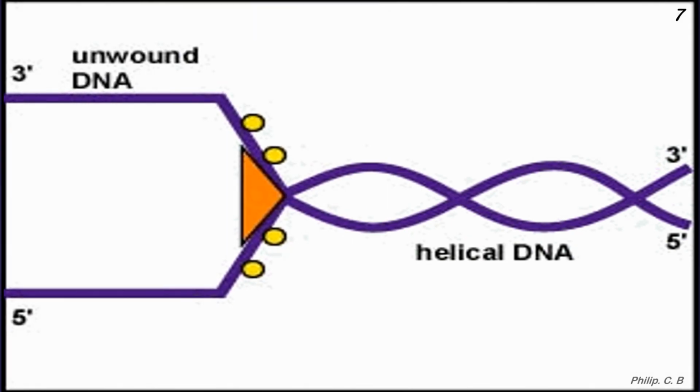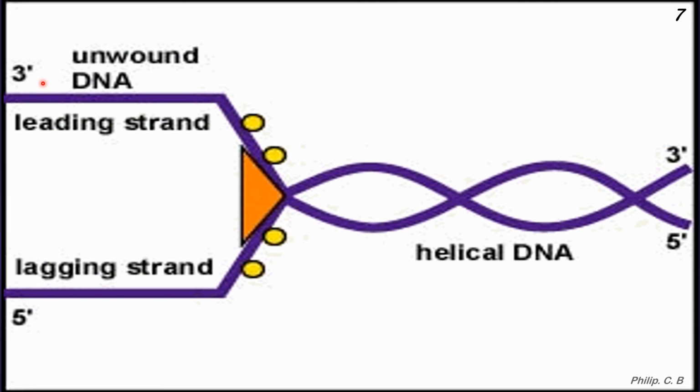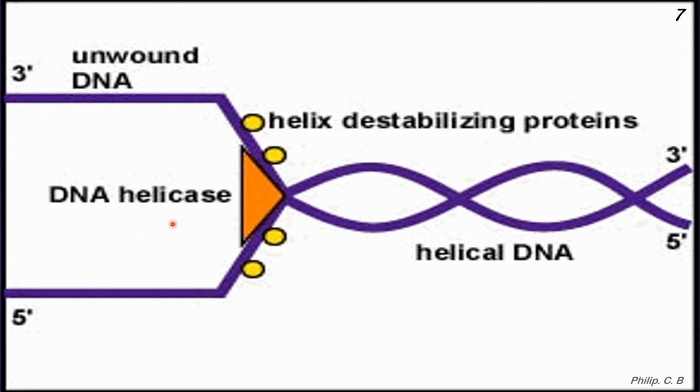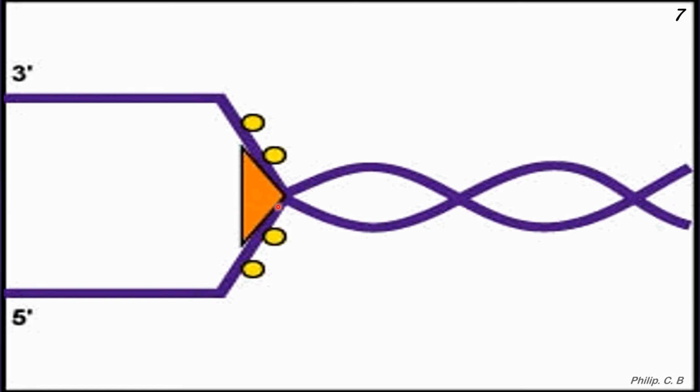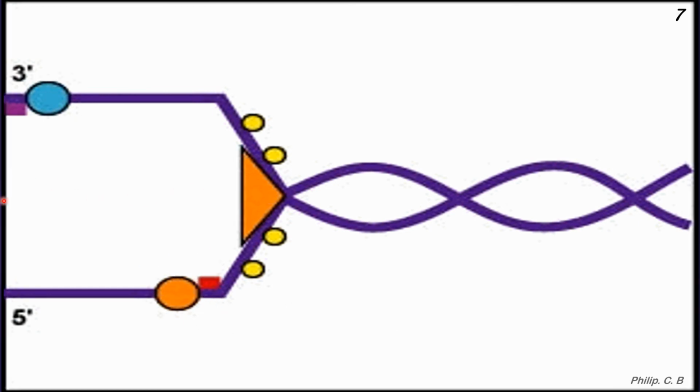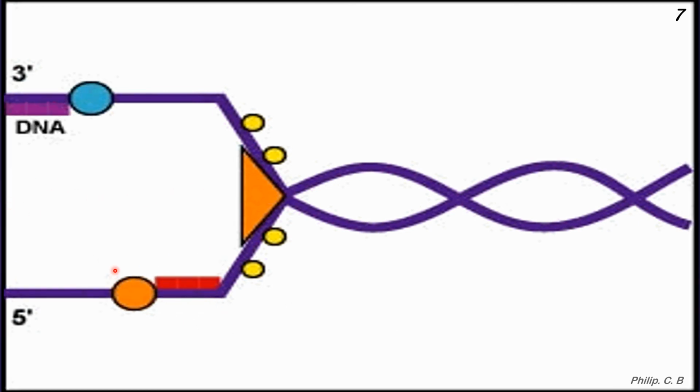Moving further, here I kept another animation image in which you can see very clearly the 3' end and the unwound DNA, the leading strand, the lagging strand, and the DNA helicase which cuts the strand which gets unwound. So DNA polymerase simultaneously helps in joining. Then we can see the RNA primer, the DNA polymerase 3.